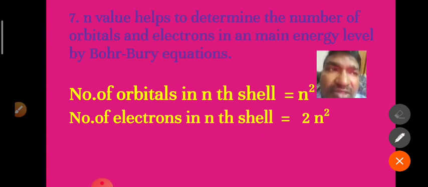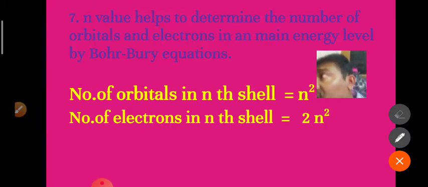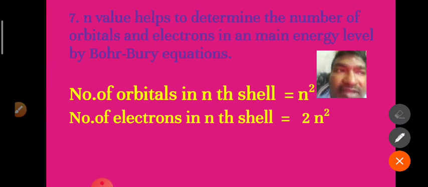These equations are known as the Bohr-Bury equations. By using the Bohr-Bury equations, we can decide the number of orbitals and the number of electrons that can be accommodated in a shell.